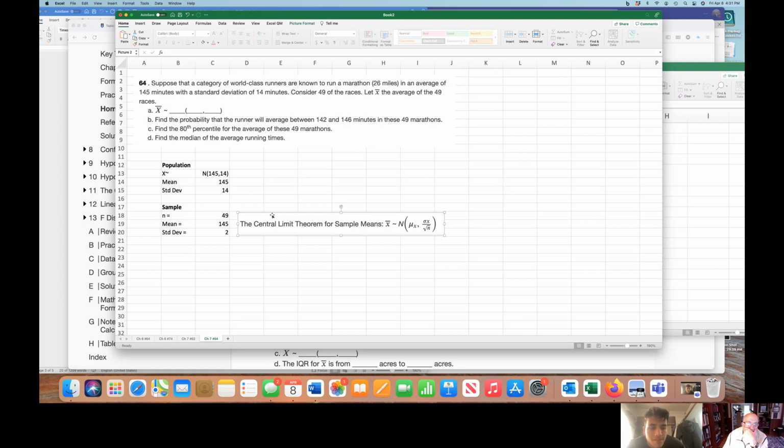Find the 80th percentile for the average of the 49 marathons. Find the median of the average running times. Well, in the normal distribution the median equals the mean and the mode, and that's an easy problem.